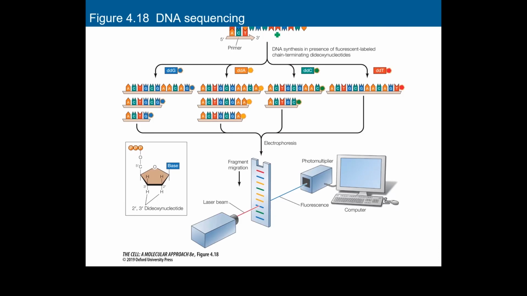he will carry out this chemical reaction in basically four separate tube reactions. In all four tubes, he will have all the components needed for DNA replication: template DNA, all the nucleotides, and enzymes.